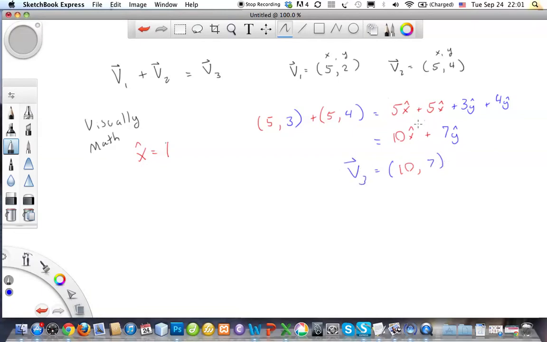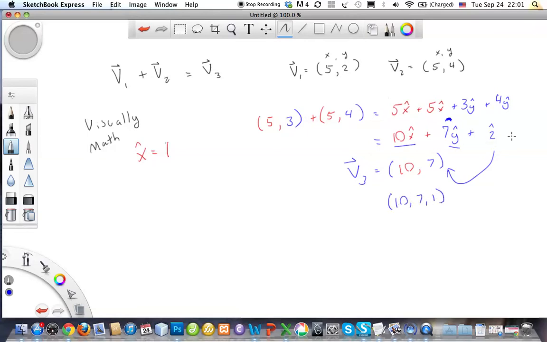This is because these special unit vectors, the x hat and the y hat, are basically multiplying this 10 by 1 for the x component. And this y hat is basically multiplying this 7 times 1 for the y component. So if you had another on here, as in a z hat, your z hat would add a third component onto this, giving you 10, 7, 1.